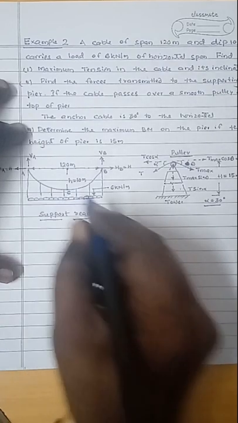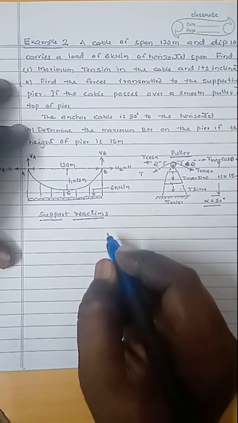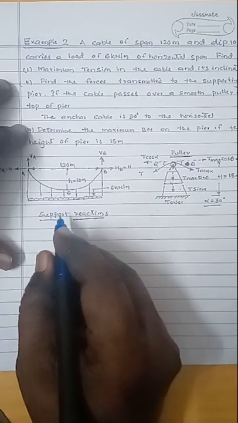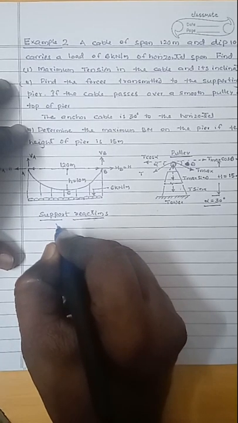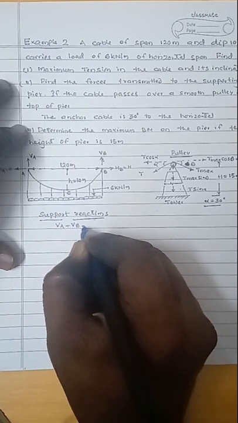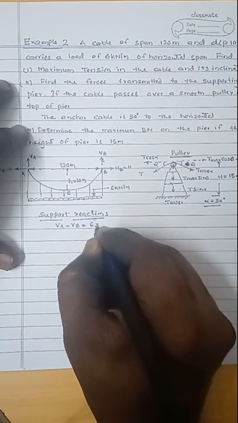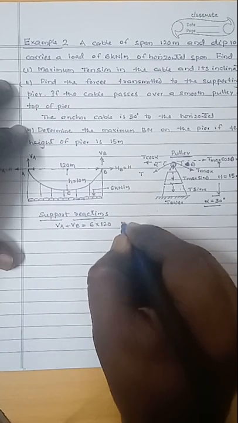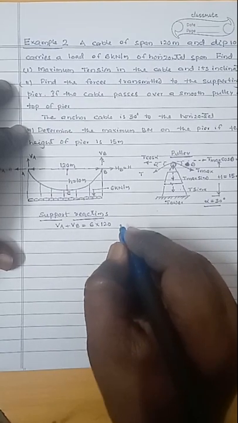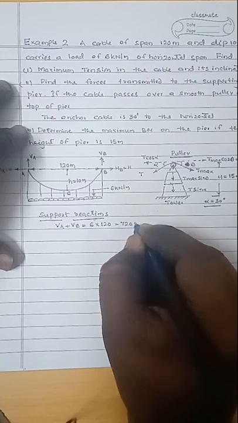You know that both HA and HB are equal, that is H. Here by the equilibrium equation, summation of Fy equals 0, therefore Va plus Vb equals the total downward load, that is 6 into 120, which equals 720 kilonewton.